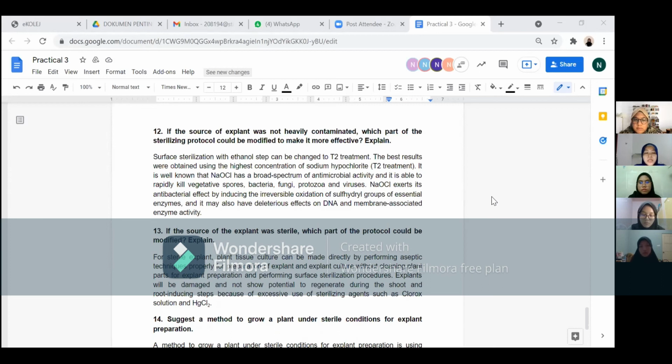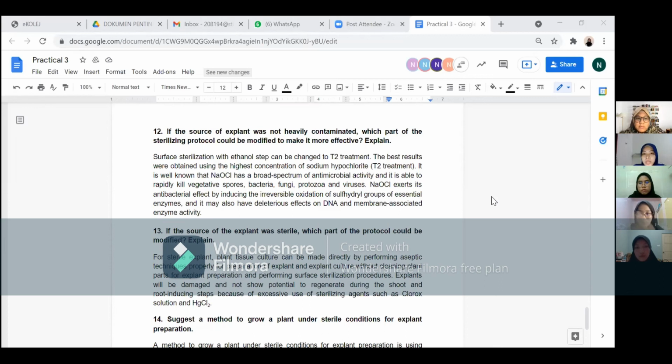The surface sterilization with ethanol step can be changed to T2 treatment. The best results were obtained using the highest concentration of sodium hypochlorite in T2 treatment.